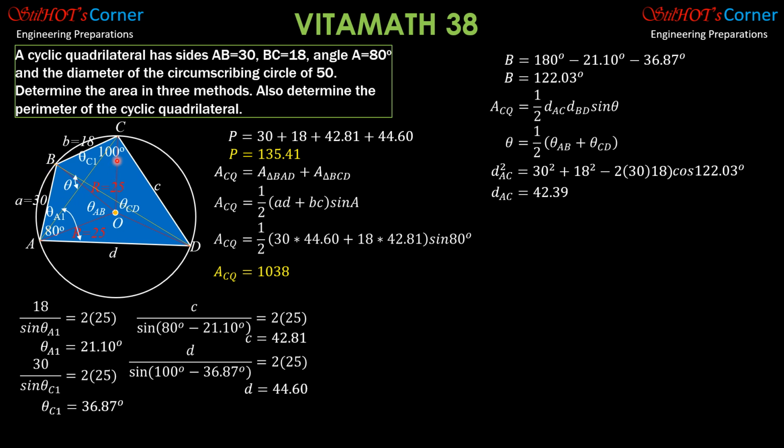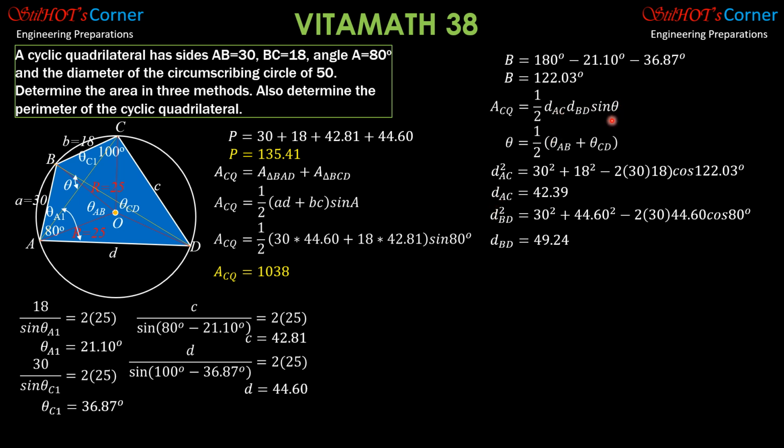You can check that if you use the other sides, B and C, cosine law in triangle BCD, the diagonal BD will be the same. So I'll use diagonal BD square equals 30 square plus D square, which is 44.6 square, minus 2 times 30 times 44.6 cosine of 80 degrees. So diagonal BD is equal to 49.24 units. So the diagonals have been found.